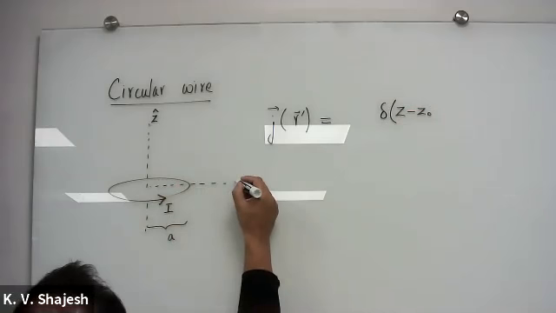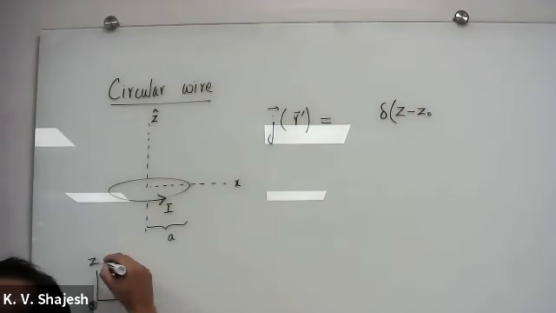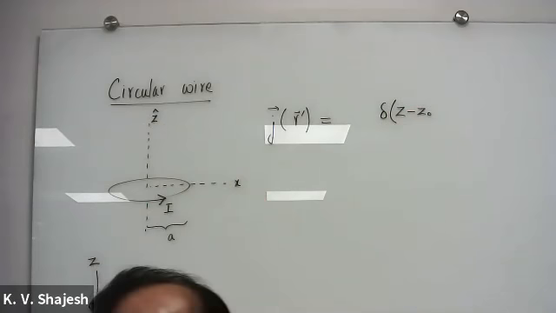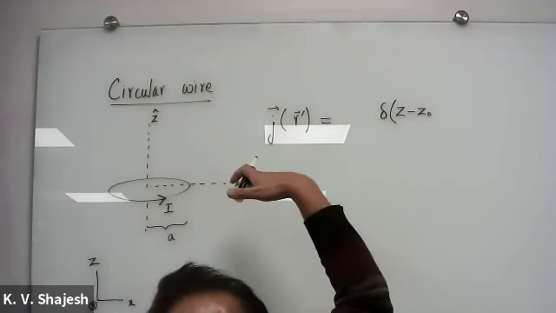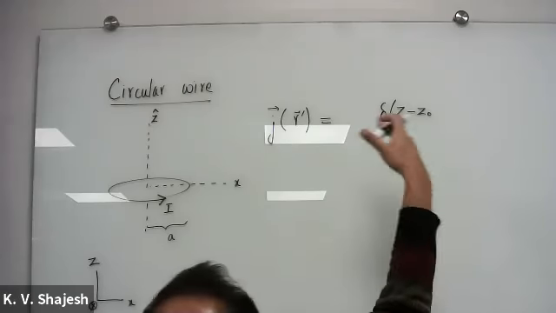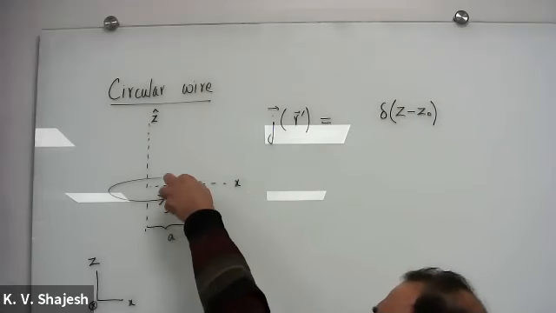So that's your x, z, and y will be coming into the page, right? So y has to be going into the page. The loop of wire is in a plane, so that's z equal to z naught, and the wire also fixes the radius.